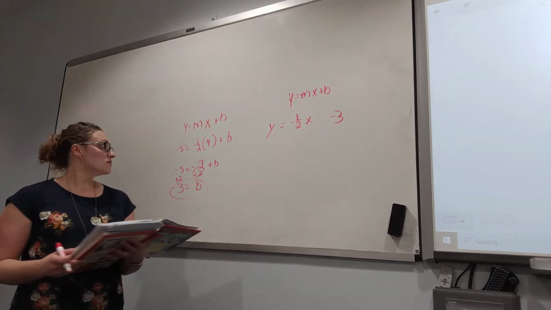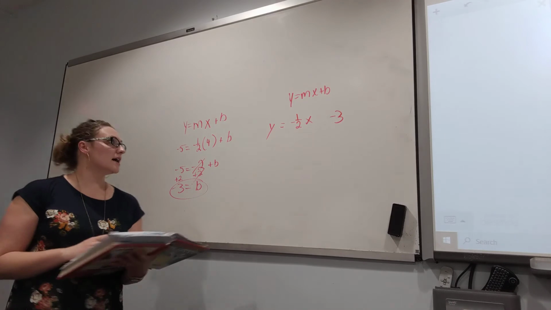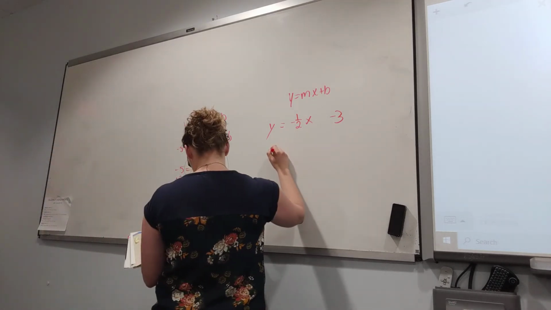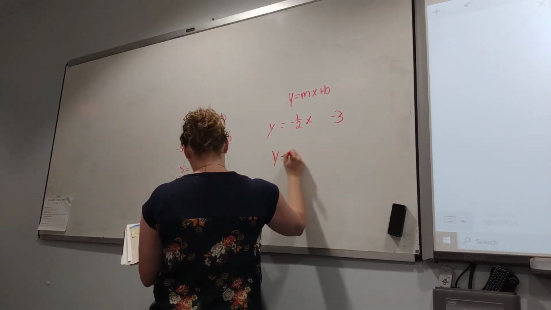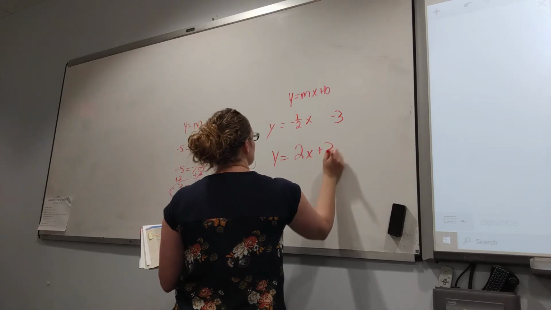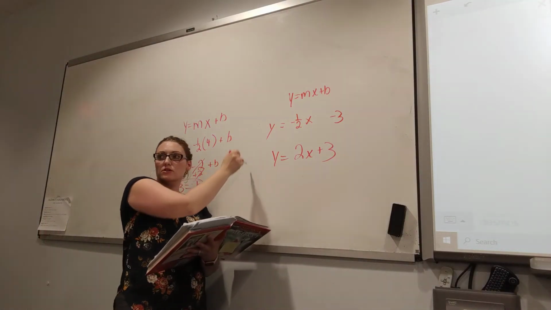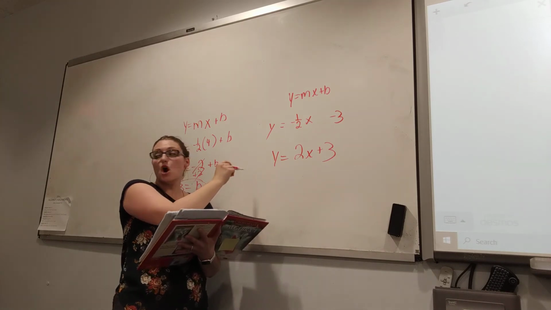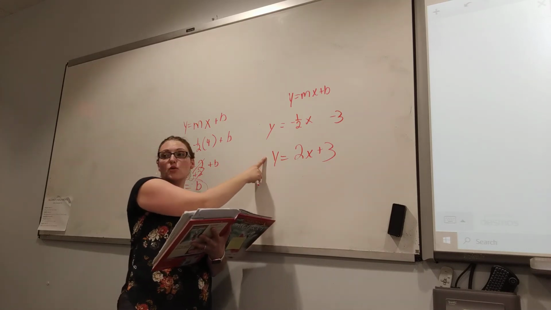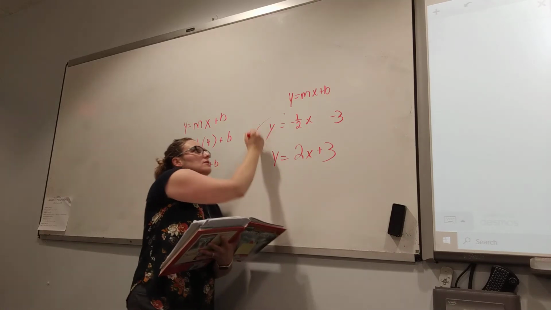The original line they give you is y equals 2x plus 3. Do you see how these two lines are perpendicular to each other? They give you this in the question. This is your answer.